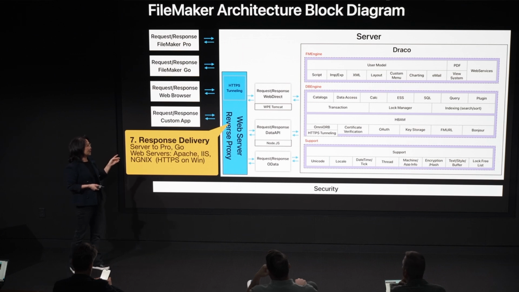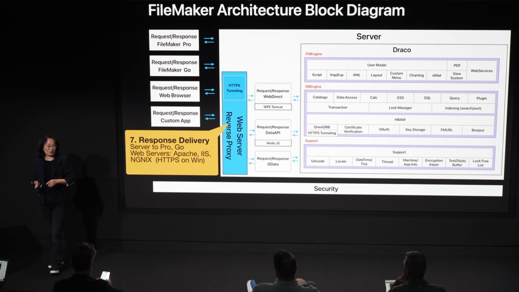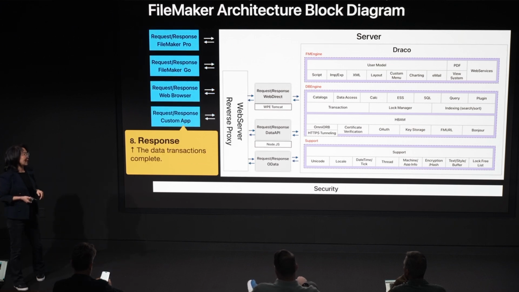One thing to note here is that HTTPS tunneling also uses Nginx as reverse proxy. FileMaker Pro, Go, web browser, and custom app get their response. Data transaction complete. This is the FileMaker high-level architecture block diagram. If you have any questions about all these boxes, ask Clay and Wade, they're all here.